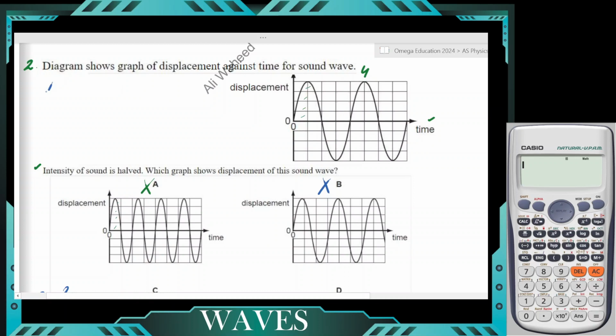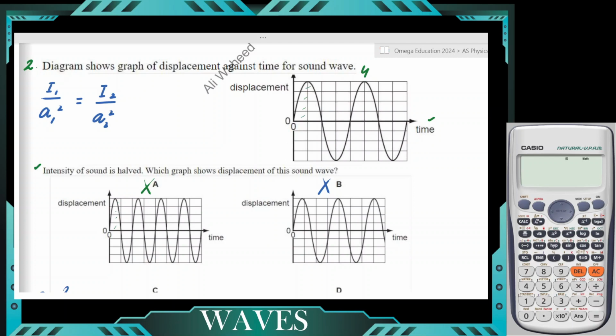And the formula is I1 over A1 squared equals I2 over A2 squared. I1 is the previous intensity, A1 is the previous amplitude, I2 is the new intensity, and A2 is the new amplitude.